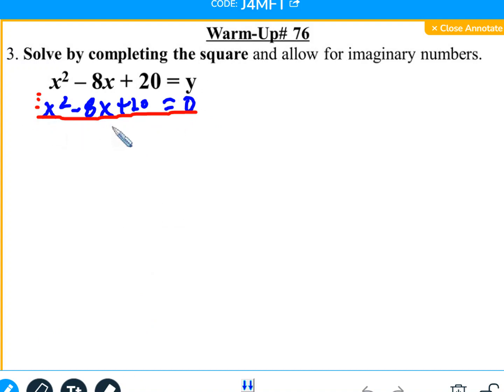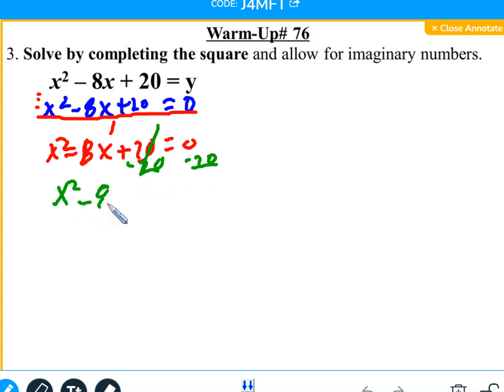An invisible 1. So we end up with x squared minus 8x plus 20 equal to 0. From there we eliminate, there's a square. We eliminate the constant, so we subtract 20, and we're left with x squared minus 8x equals negative 20.